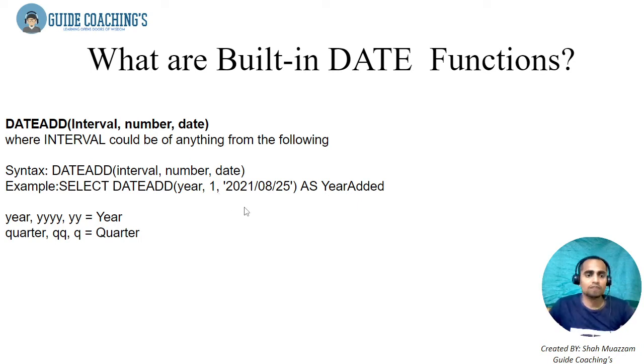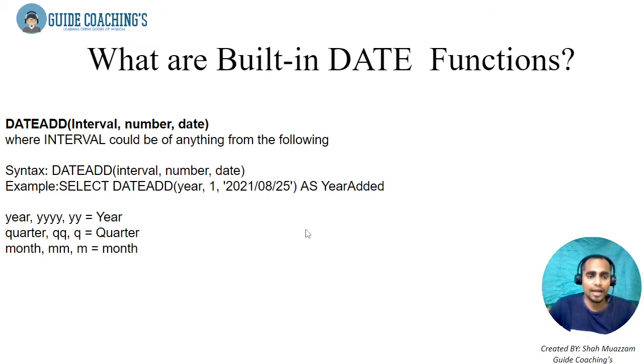Similarly, if instead of year we write quarter, it will add one quarter. A quarter is 3 months, so 3 months will be added directly. Here we have August, so August, September, October and November: it will go directly to the 25th of November.